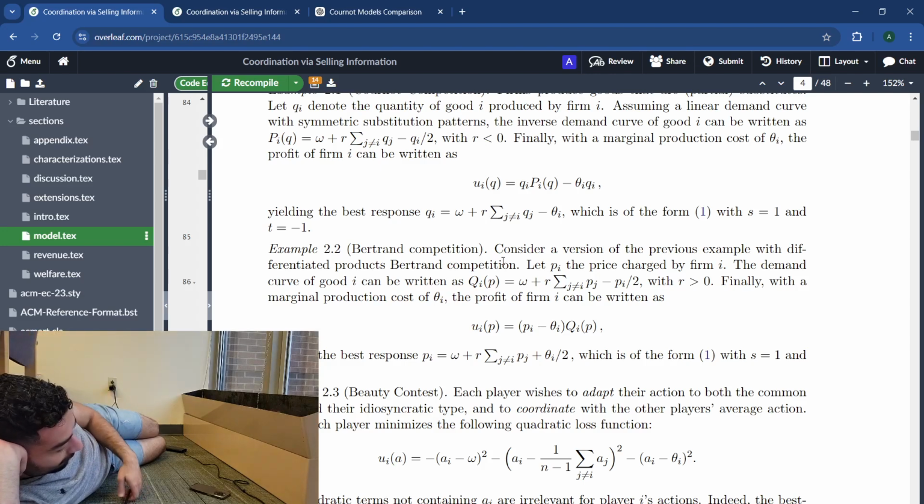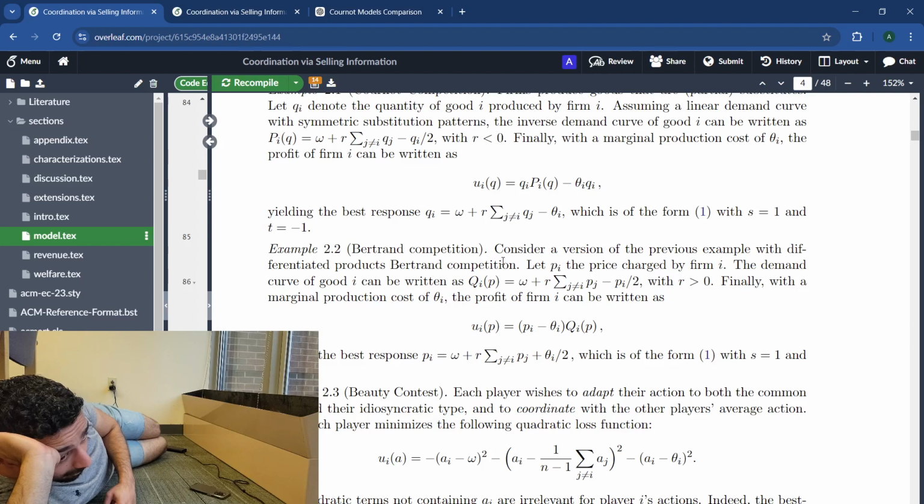If the price of other products goes up, we expect the quantity of product i to increase. Consumers say, okay, product i has less price, so let's buy more of product i. Therefore, I expect r to be positive. Exactly.